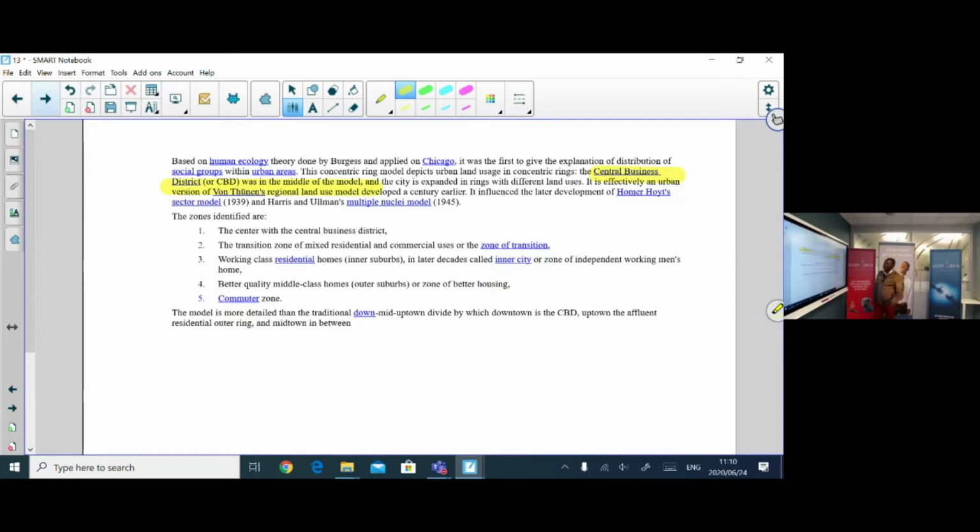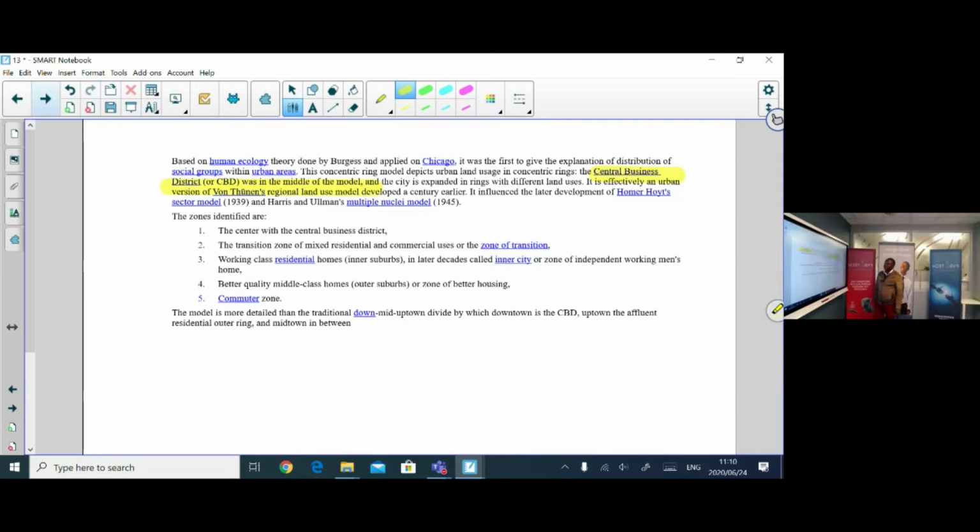It is effectively an urban version of von Thunen's regional land use model developed a century earlier. So it was actually a revised version of another model that we are not looking at. It was developed by von Thunen, a century earlier.